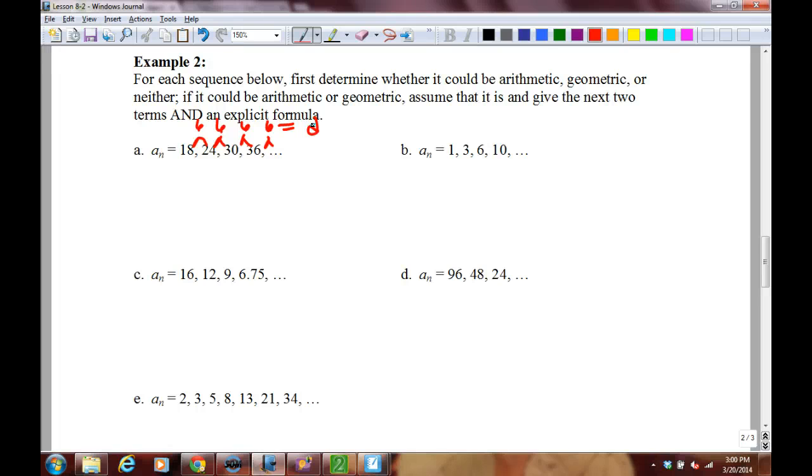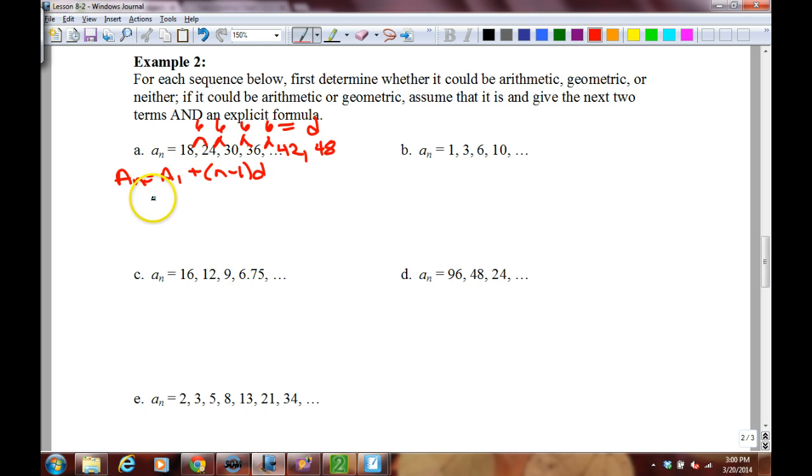So what would be my next 2 terms on this if I add 6 to it? 42. And what's the next one? 48. Okay? So now I need to put into my formula a sub n equals a sub 1 plus n minus 1 times d to find my explicit formula.